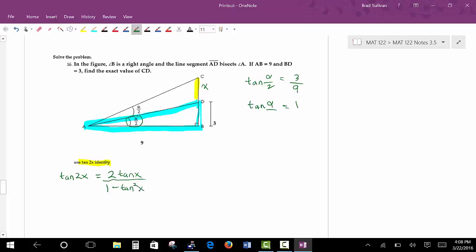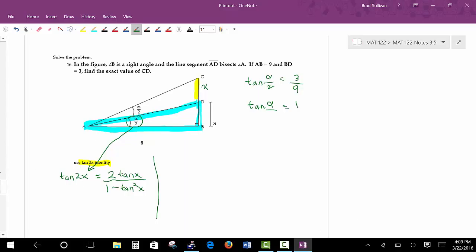Okay, so let's do that. We can double this angle right here, so we're just going to substitute in for x alpha over 2.